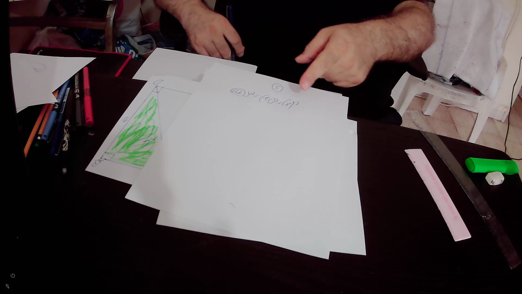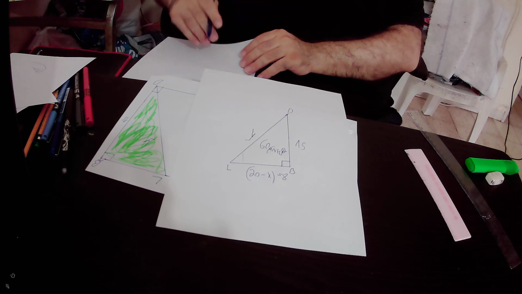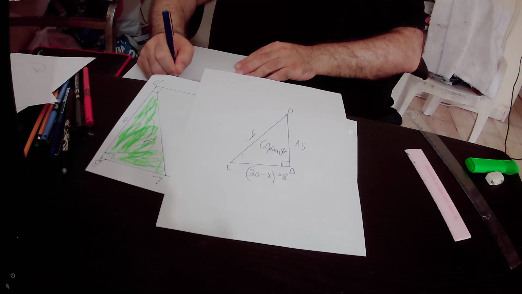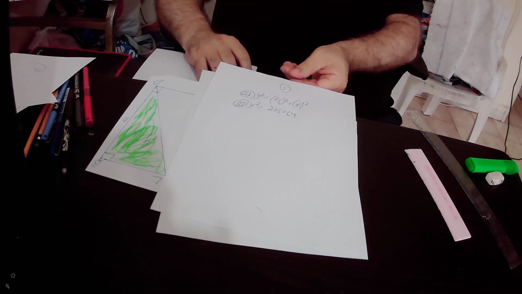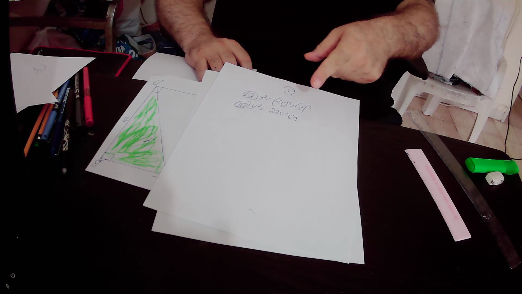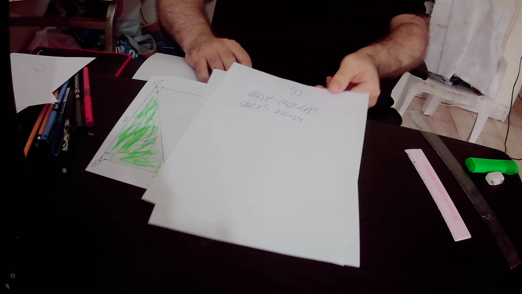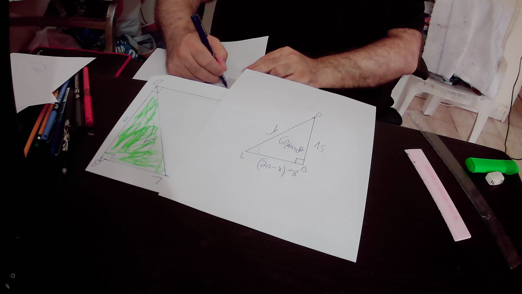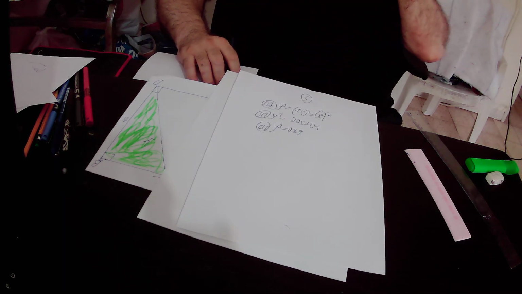15 squared is 225 and 8 squared is 64. So y squared equals 225 plus 64, which equals 289.